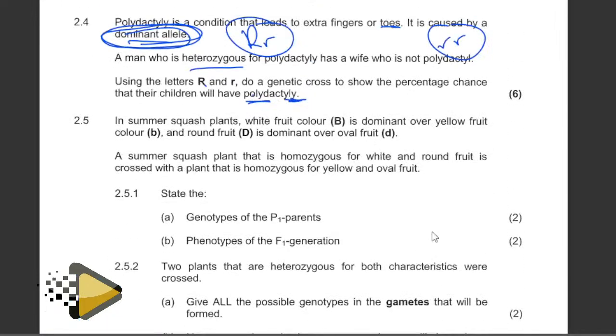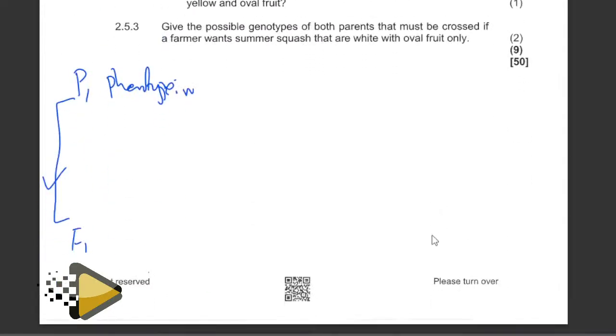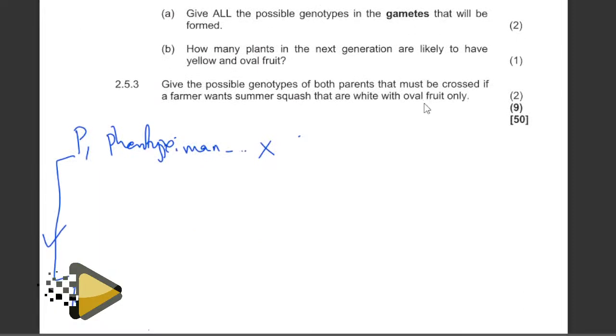They say that a man who is having the condition, a man with polydactyl, crossed with a lady without polydactyl. Meaning that here I'm gonna have a lady, wife, with no polydactyl.